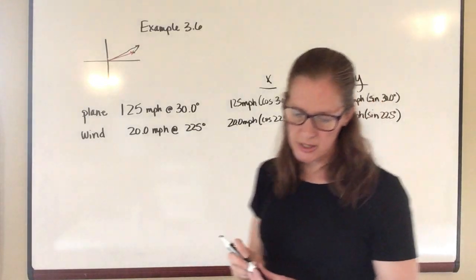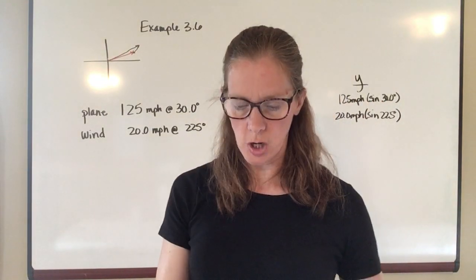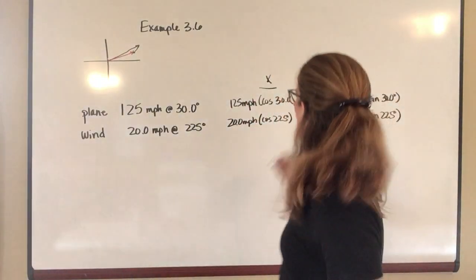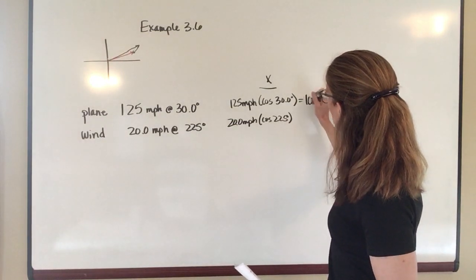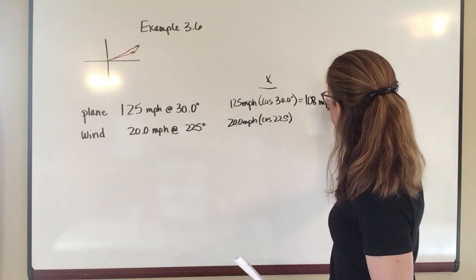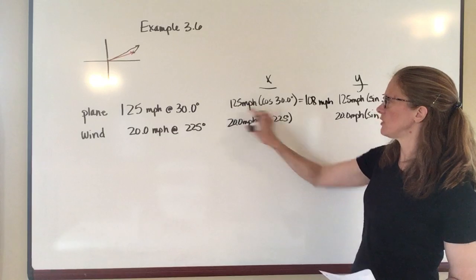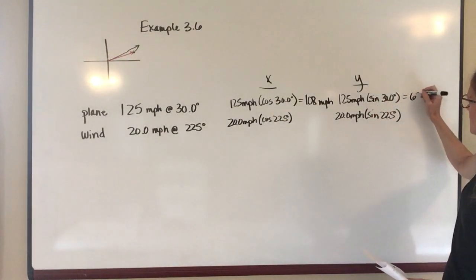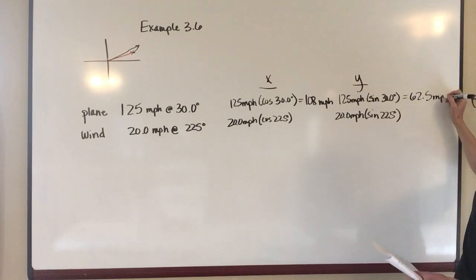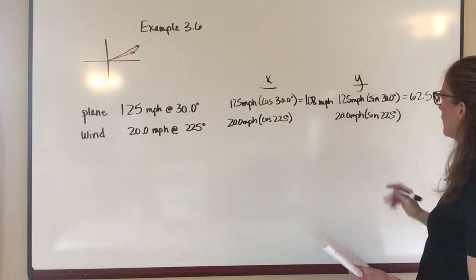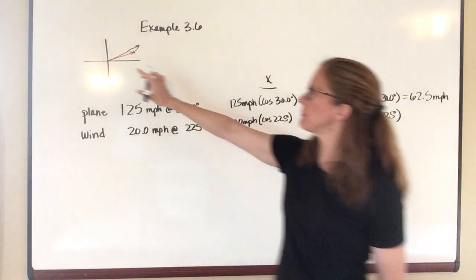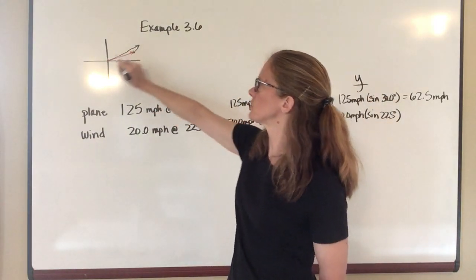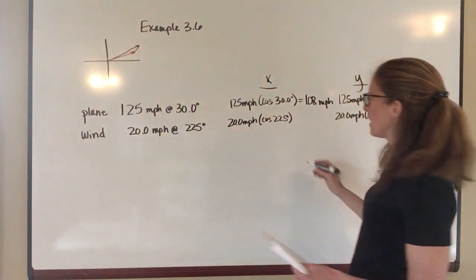Okay, so when you take your calculator and you crunch all those numbers out, you end up with 108 miles per hour here. 3 significant figures because both of these do. And this will be 62.5 miles per hour. Okay, both of those should be positive. That makes sense because this initial vector was up in the first quadrant.